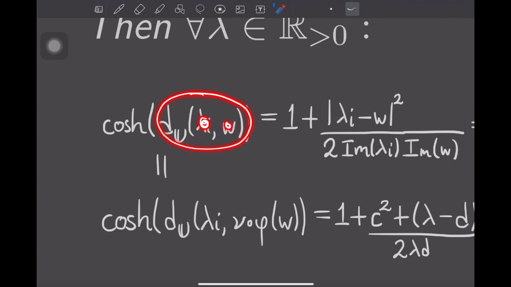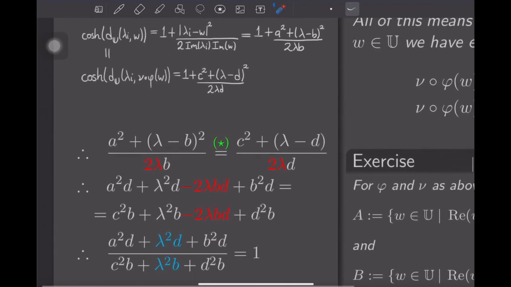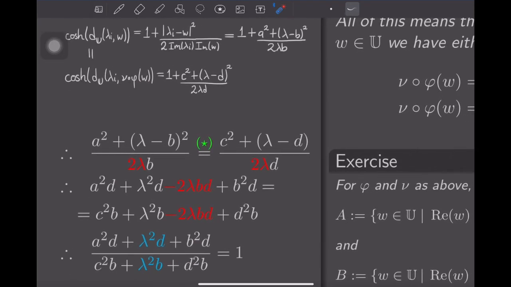Because this is the infimum of hyperbolic lengths of curves, and a Riemannian isometry preserves the length of each curve, so it preserves the infimum.